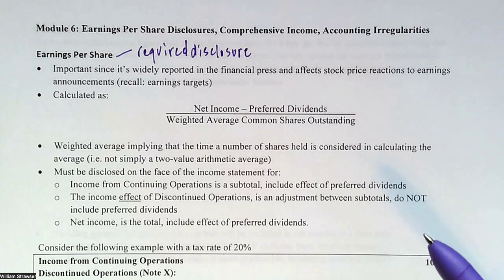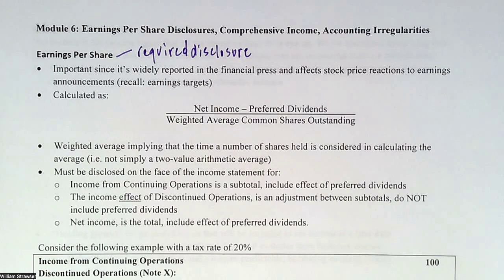For example, if there's 10 shares outstanding for 11 months of the year, and then in the 12th month, the company issues 100 new shares, so now there's 110 shares at the end of the year. Well, we don't want to just take the average of 10 and 110 because that would grossly misrepresent the weighted average that's been outstanding for the period.